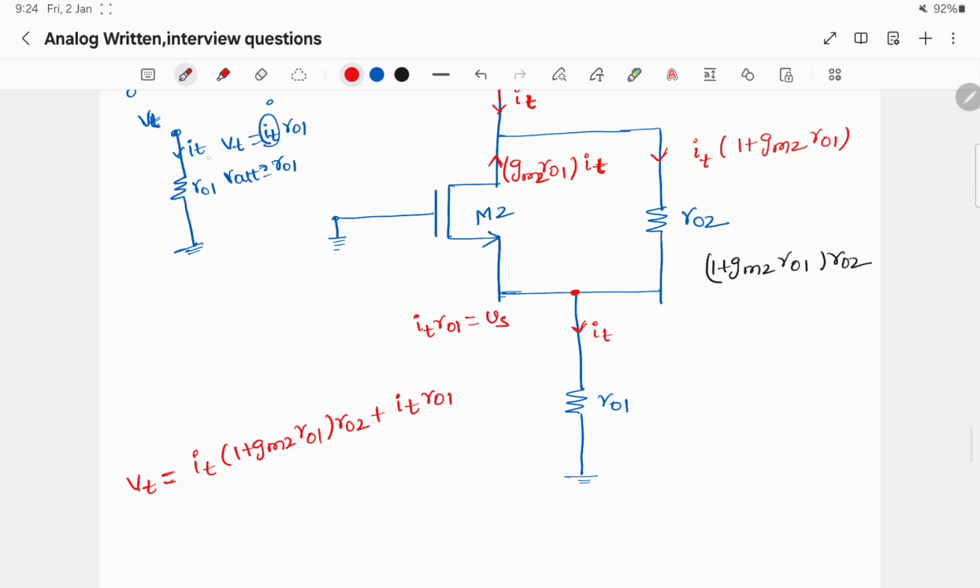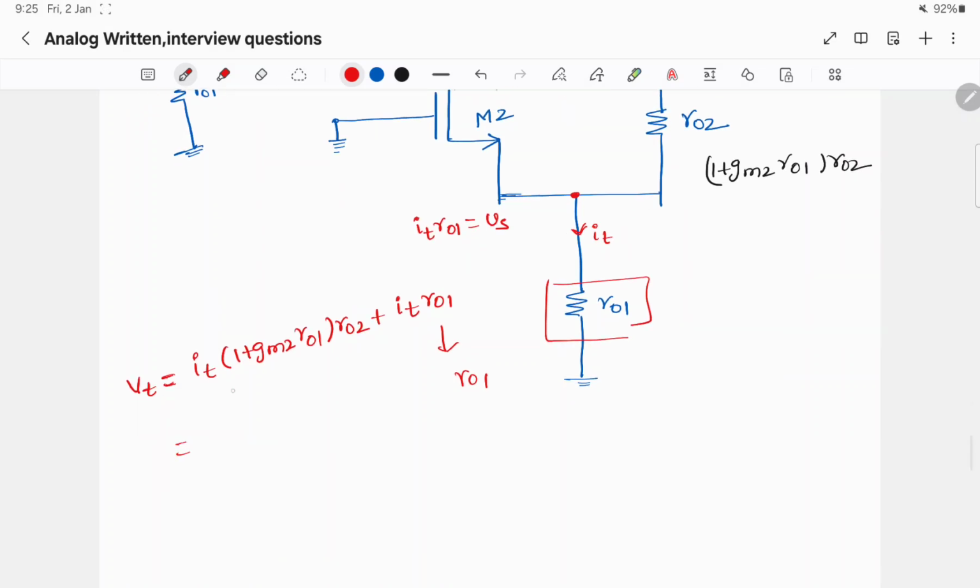If IT current is flowing through the R1 resistor, the equivalent resistance is R1 due to this resistor, and here it is like a resistance of ro2 times (1 plus gm2 R1), which is nothing but ro2 plus gm2 ro1 ro2 plus R1. This is the total overall output resistance.